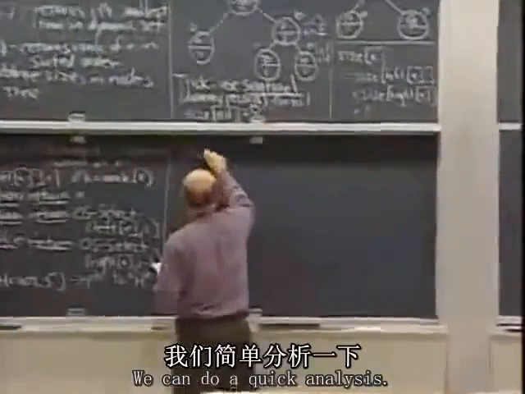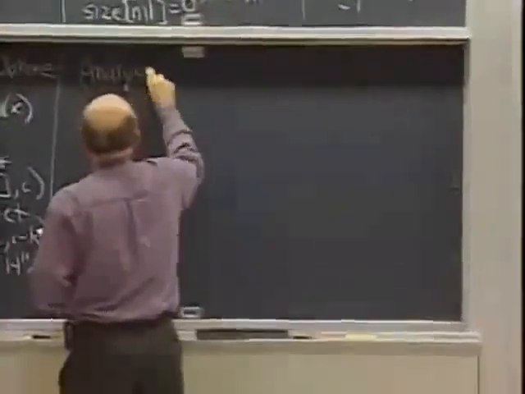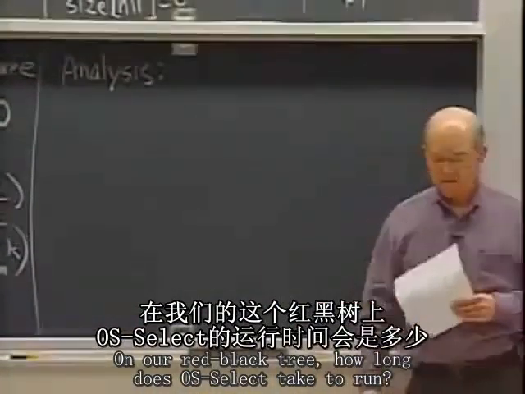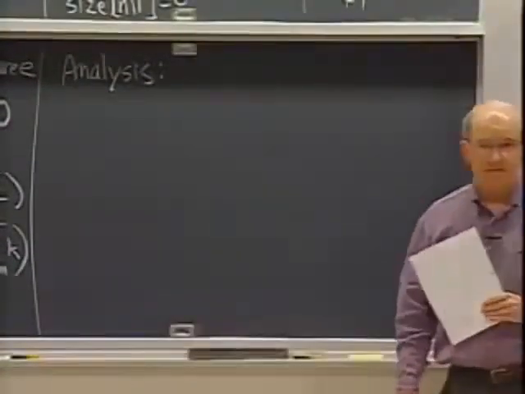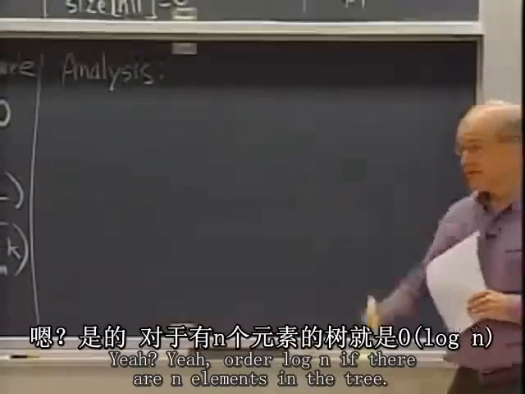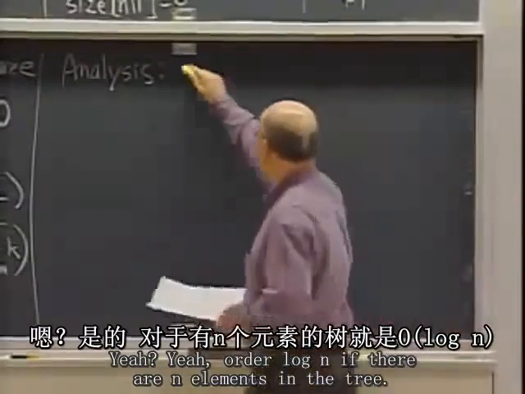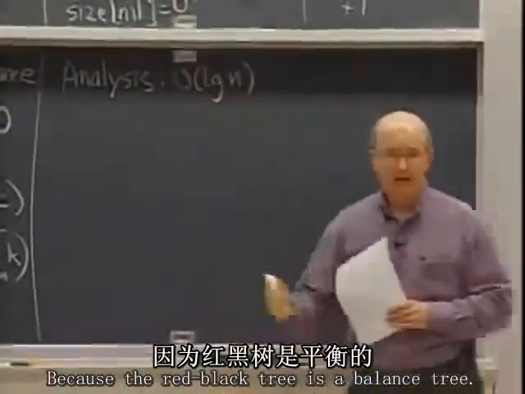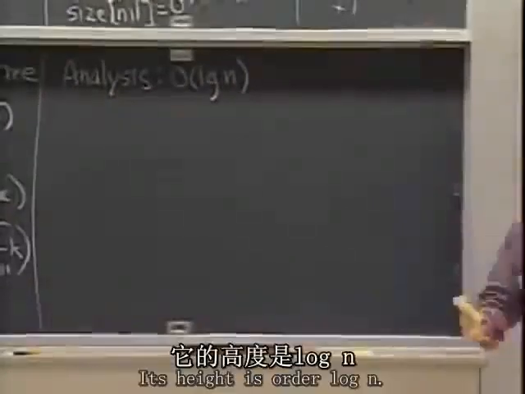So we do a quick analysis. Okay, so on a red-black tree, how long does OS-Select take to run? Yeah, order log n if there are n elements in the tree. Okay, because a red-black tree is a balanced tree, its height is order log n.